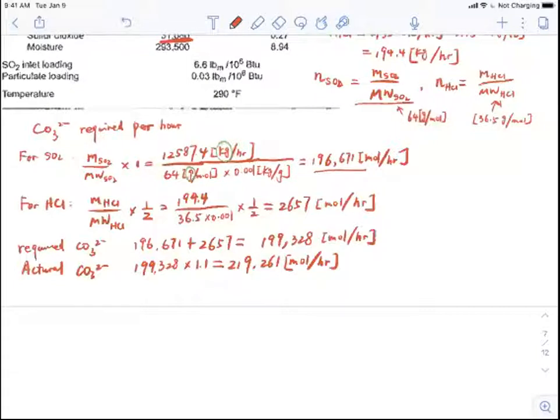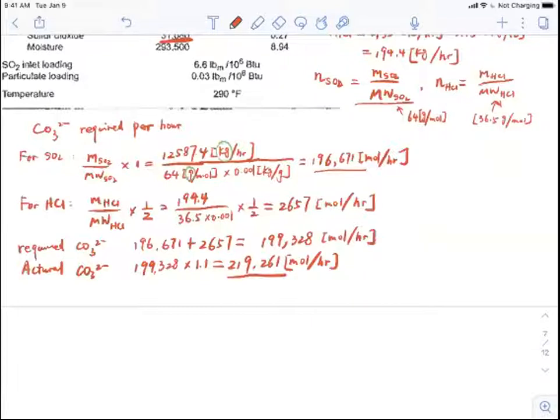This is the amount of the carbonate ion that we need to give to the scrubber. This is our target: we need to provide the limestone that can provide this amount of carbonate ions.